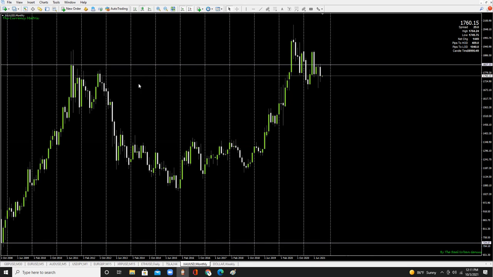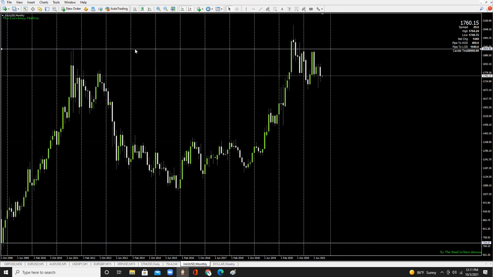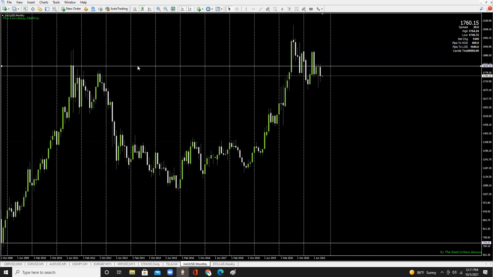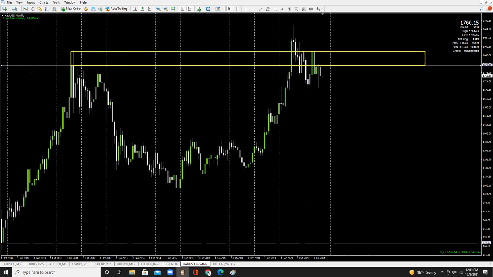Now, whether or not you go all the way to the wick that creates that high or the body that creates that high, you have to do one or the other. If you go to the body, which is the open and close, you still have to level off that peak. So it would look something similar to this.